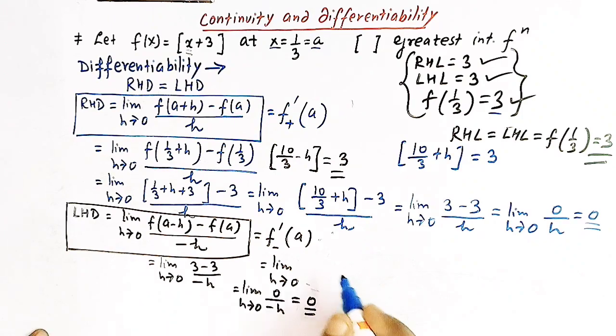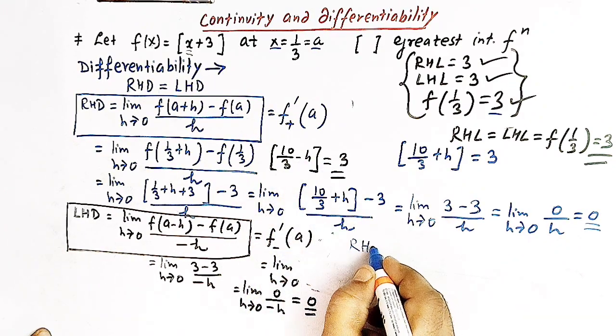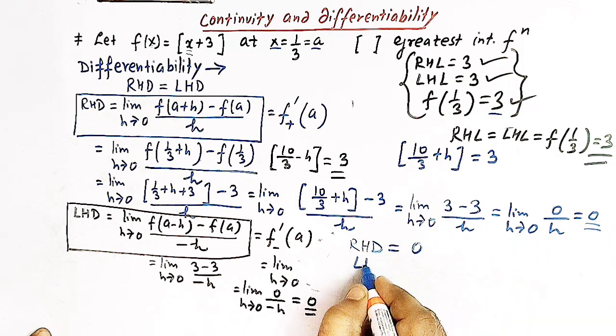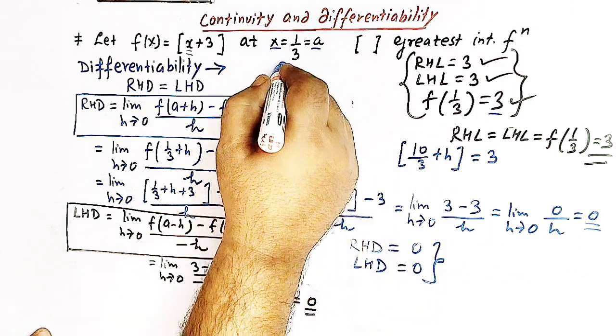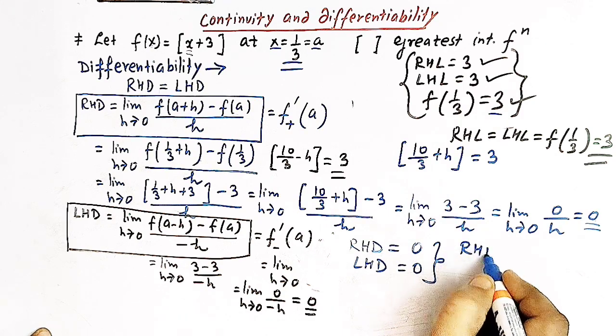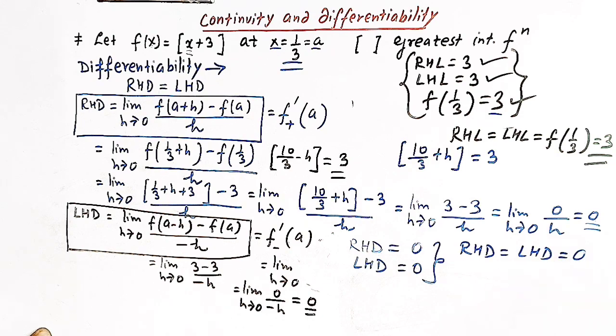So viewers, we have seen that the right hand derivative is equal to 0, and the left hand derivative is also equal to 0 at this point 1 over 3, so the right hand derivative is equal to the left hand derivative is equal to 0.